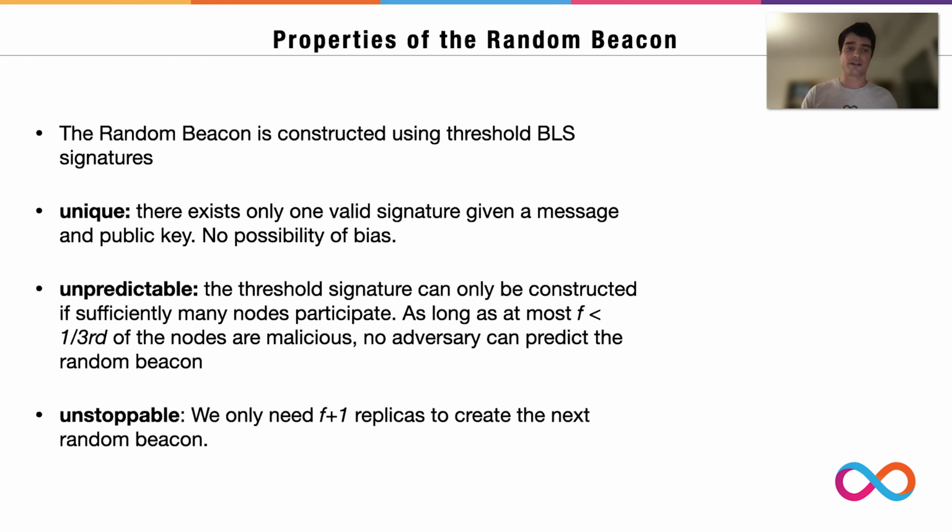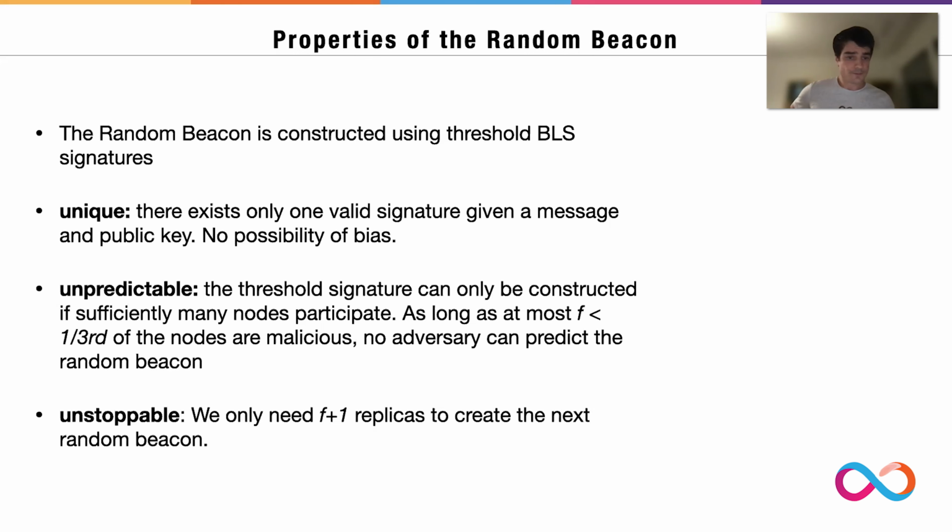So if we use this as randomness, you can imagine that trying to bias it is really important, right? Maybe I'm thinking maybe I should contribute my signature share, or I shouldn't, or I maybe alter my partial signature. None of this can ever result in any bias, because there is just exactly one valid signature on the message. So there's no possibility of bias.